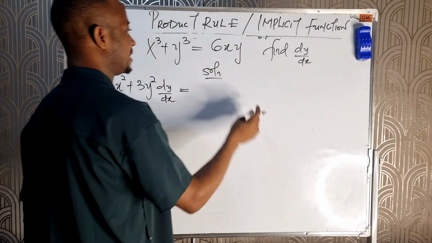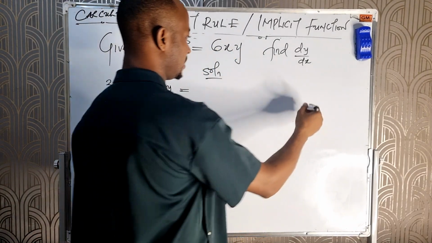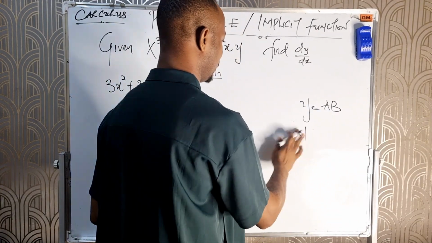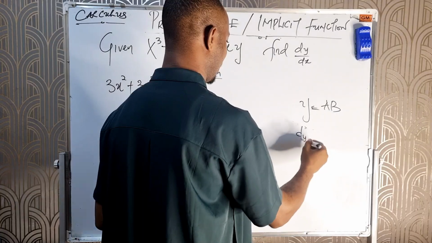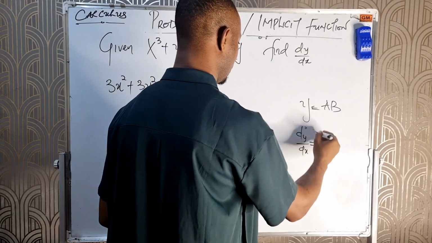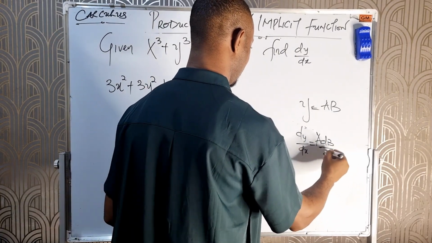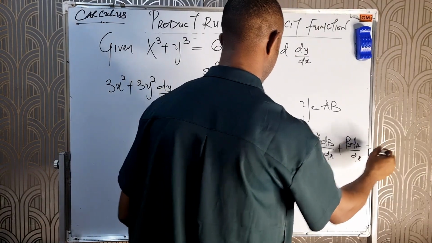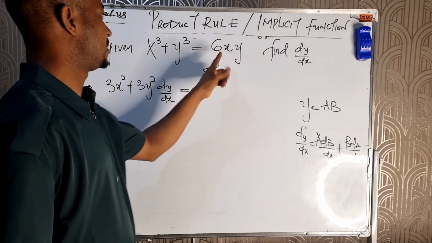Then on this side, I'm going to apply the product rule that says that if y equals AB, then dy/dx equals A dB/dx plus B dA/dx. It means I'm going to keep A constant.